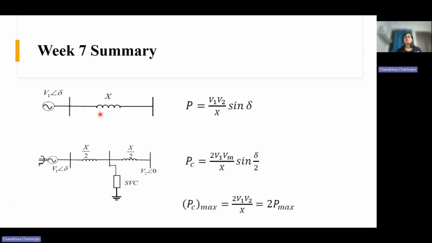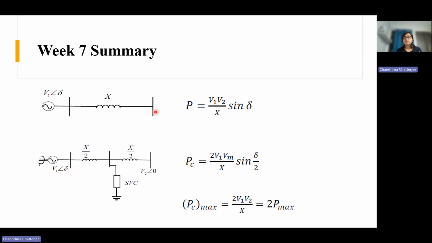So the first point was that the SVC can increase the steady state power transfer capability. Let's see. For that, we take a short lossless line whose reactance is X, in lumped form. This is the source, the sending end voltage V1 angle delta, and this side the voltage is V2 angle 0.